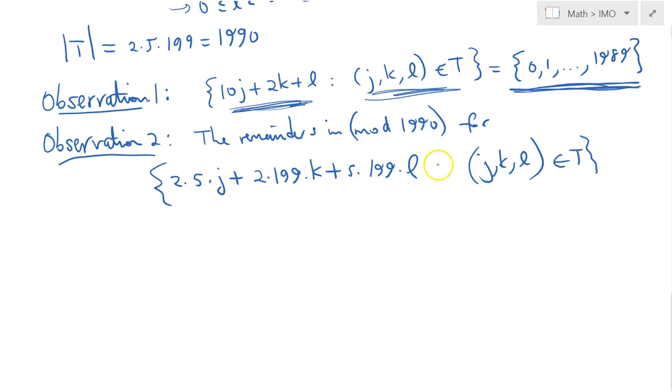What is this set? Oh, well, obviously, I'm evaluating in mod 1990. And, well, if you pause the video for a moment, you would be right. Yes, this is again equal to 0 through 1989.